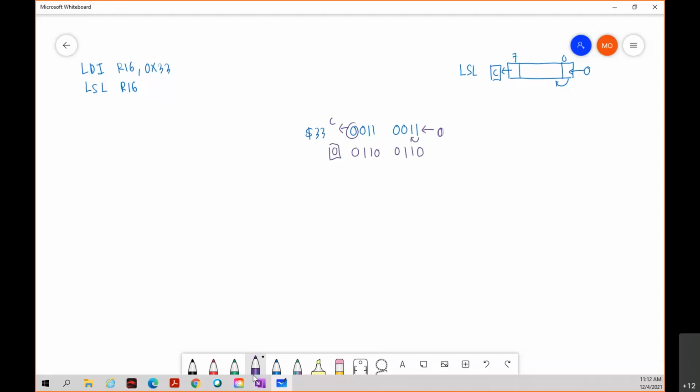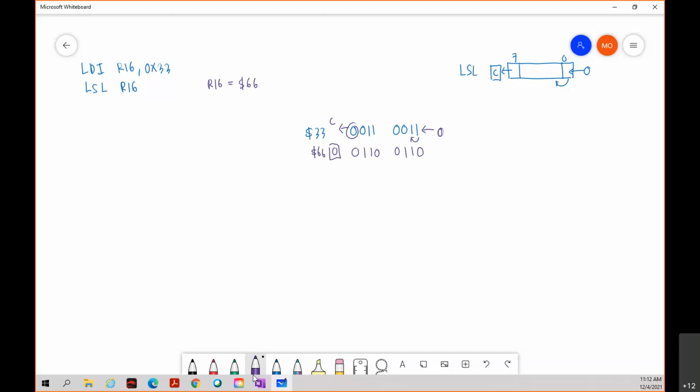Okay, then what you're going to do? You need to find out what is the answer here, the hexadecimal representation after you have done the LSL shifting. So here you will get R16 equal to 0x66.